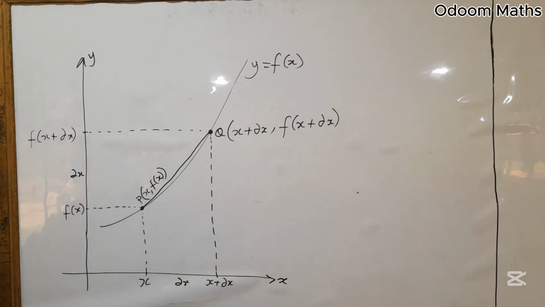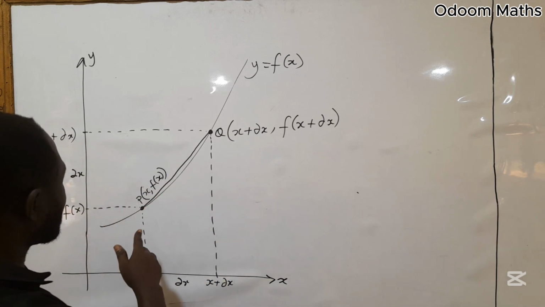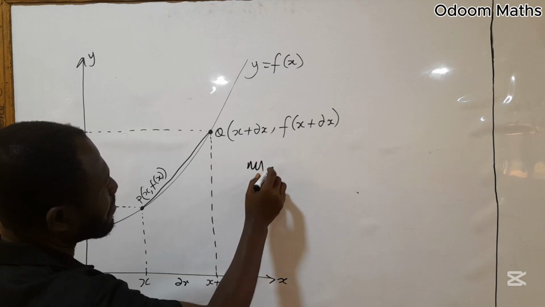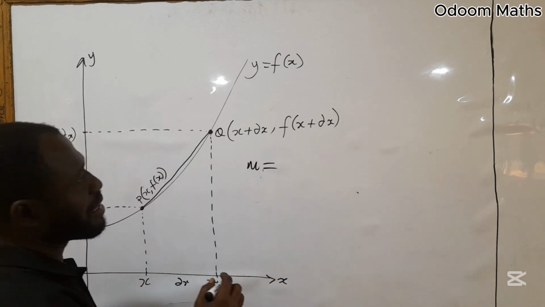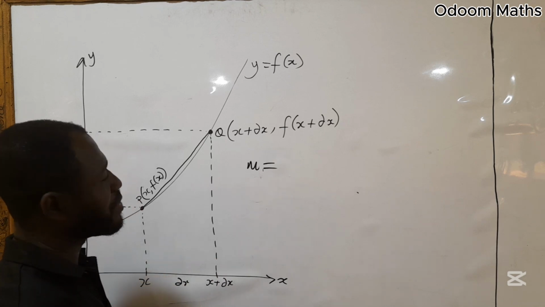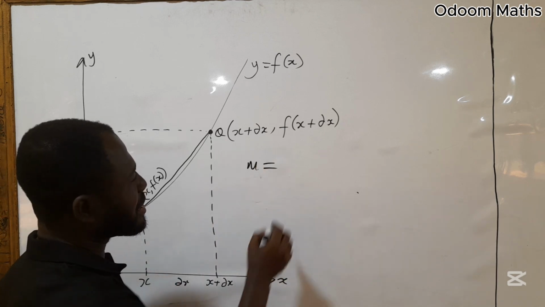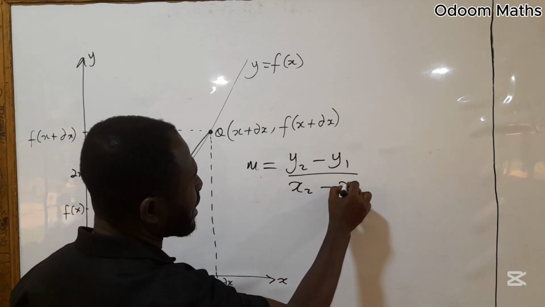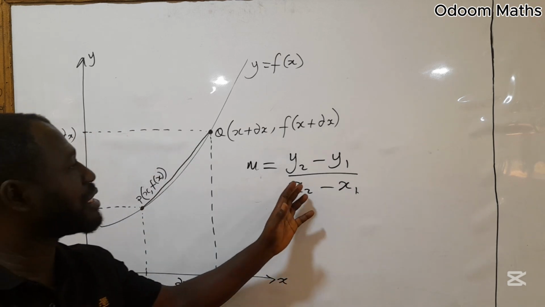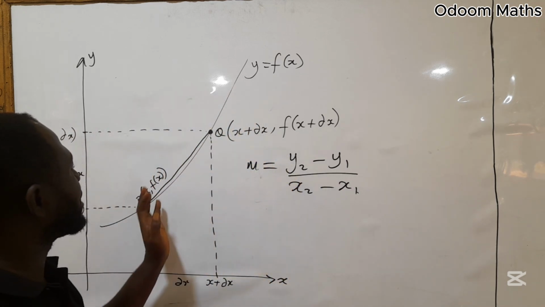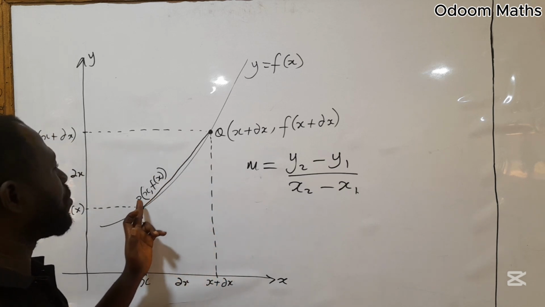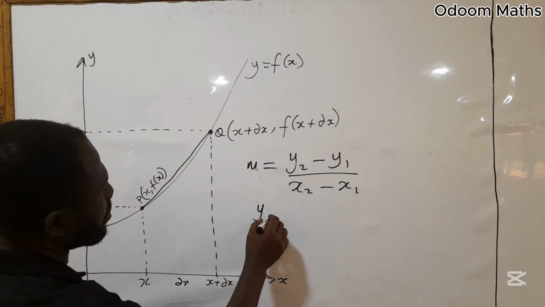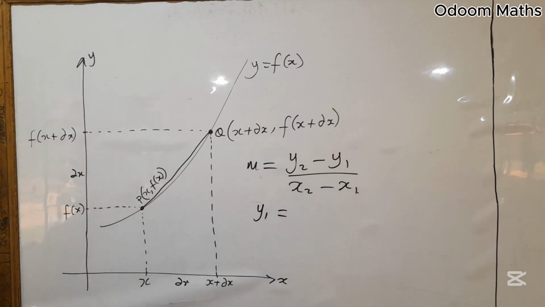Okay. Now, let's find the gradient of the line joining these 2 points. So I'm going to call the gradient m, which is equal to, and let's go back to where we started. We said the gradient of the line joining 2 points is given as y2 minus y1 over x2 minus x1. So this is the idea we are going to use to find the gradient of the line joining the points P and Q. Okay, so from here, my y1 is f of x.